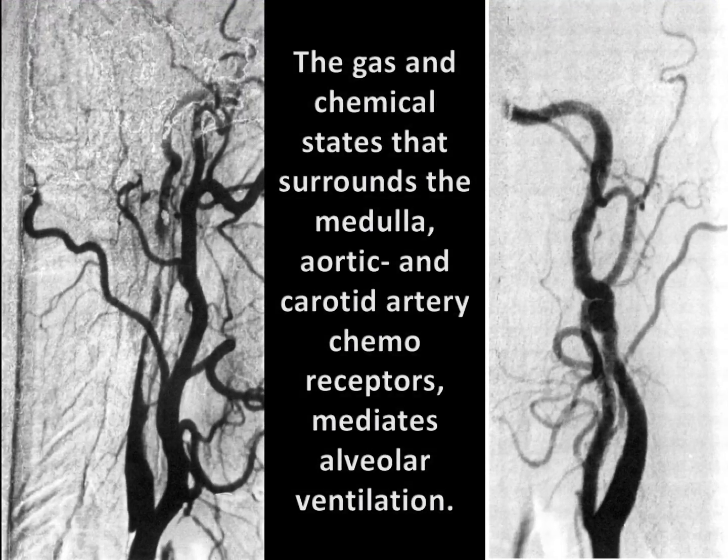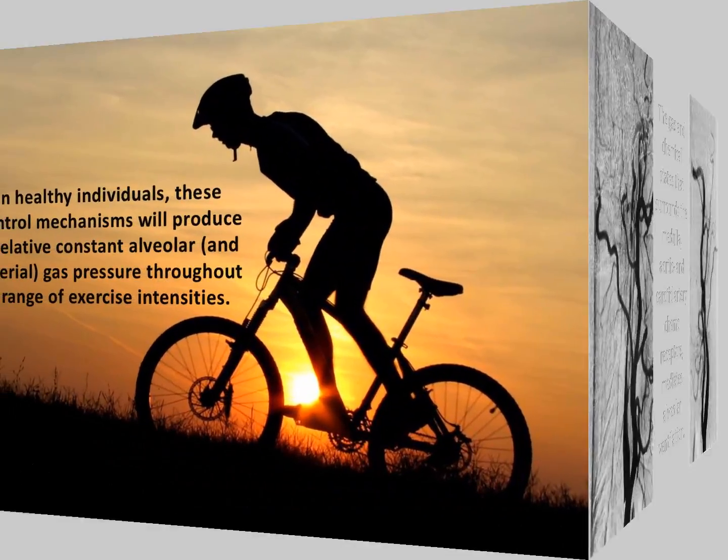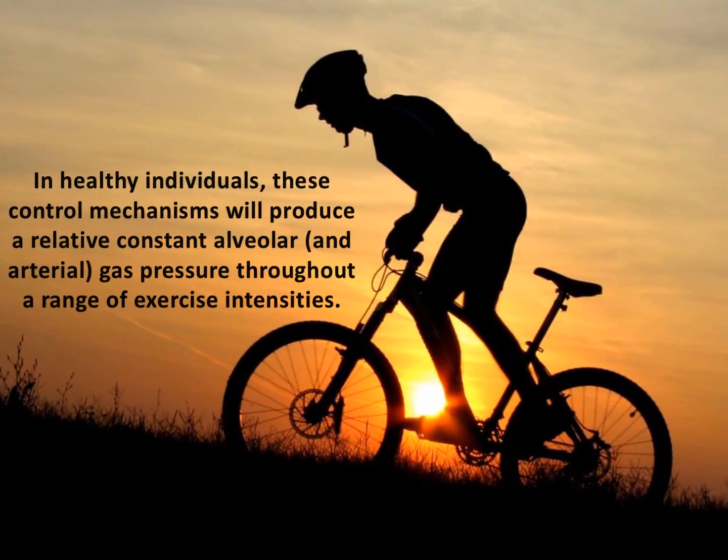Receptors detect the concentration of oxygen and carbon dioxide in the blood and change alveolar ventilation accordingly to keep these variables constant. Even though we exercise at various exercise intensities, the homeostatic control systems will maintain alveolar and arterial concentrations of oxygen and carbon dioxide.